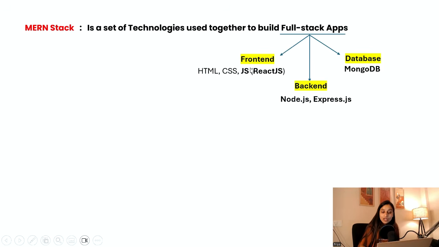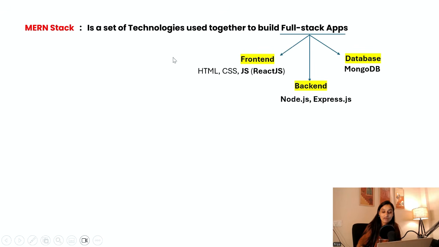So if you are using these technologies to build your full stack application, React for front end, Node and Express for back end, and MongoDB for database, then that's what we call a MERN stack.